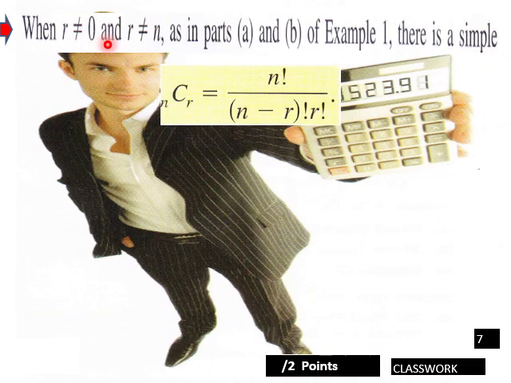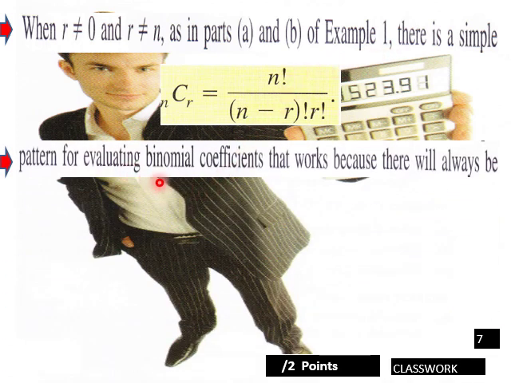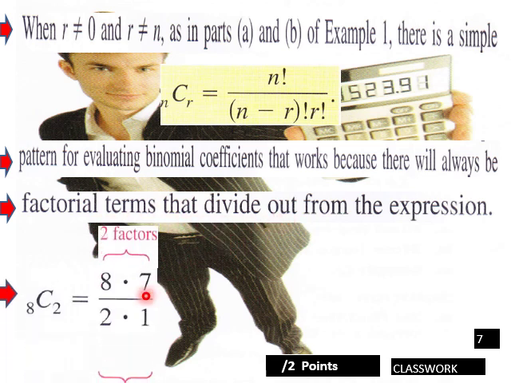When r does not equal 0 and r does not equal n, as in parts A and B of example 1, there is a simple pattern for evaluating binomial coefficients that works because there will always be factorial terms that divide out from the expression.